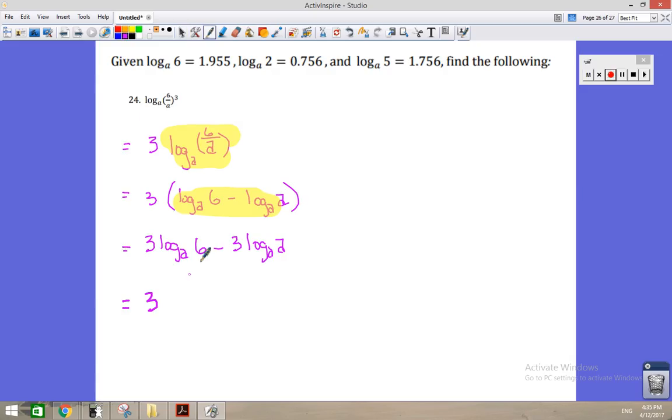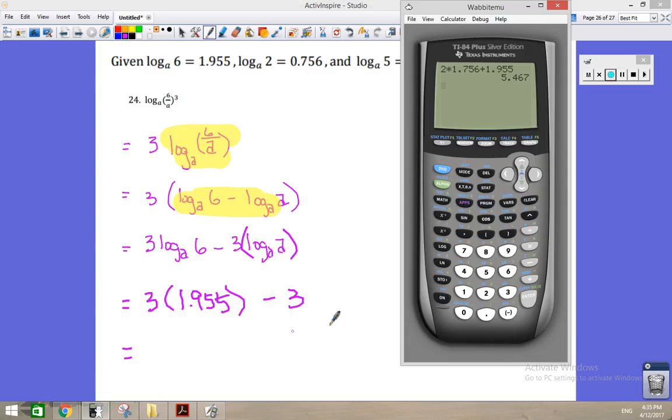They tell me that this second factor right here is 1.955. And a to the first power is a, so this is just minus 3 times 1. See, this guy right here is just the number 1.